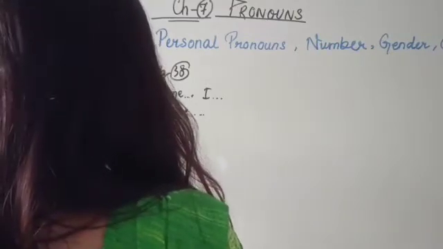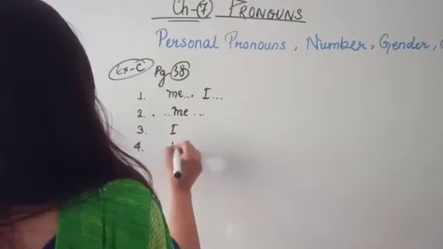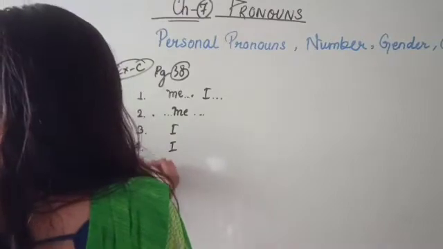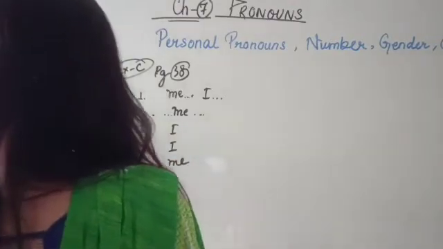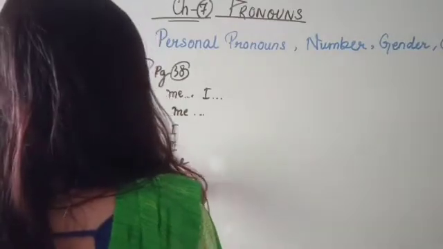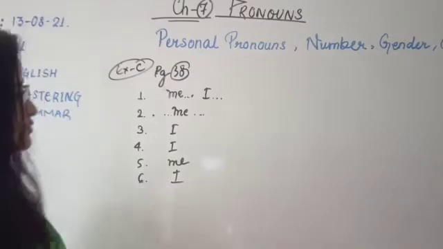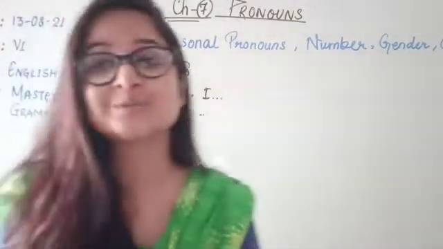Okay, number 4 we have done. Number 5, my parents love me. 6, I have a pet monkey. See, this was so easy. In object you have to use me, and in subjective you have to use I.